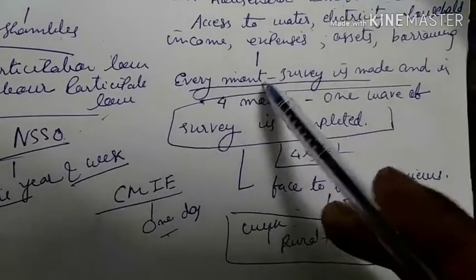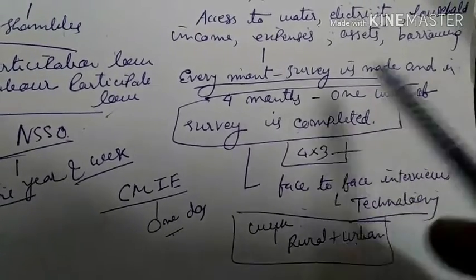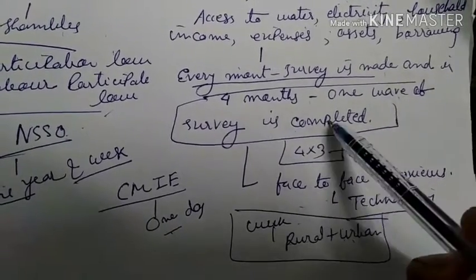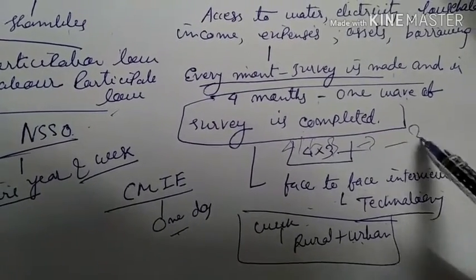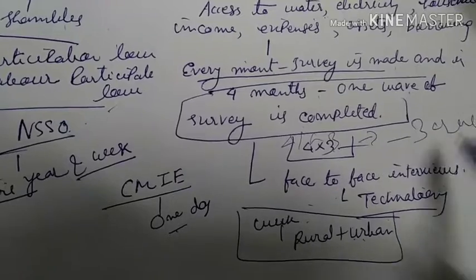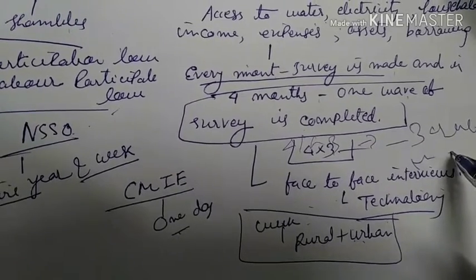In every month their survey is made, and in 4 months one wave of survey is completed. That means 4 into 3 means 1 year, 3 waves of unemployment data are surveyed and completed.